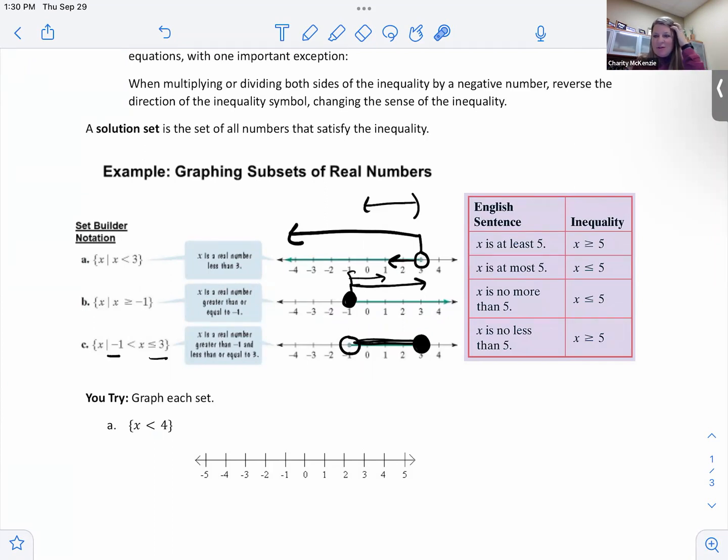If the most you can have is 2 children in China, then you could have 1 child or no children, right? It could be less than 2 or equal to 2, right? This one has 5, but that's just the rule I thought about off the top of my head. X is no more than 5. Okay, it could be less, but it's no more than 5, so it's less than. X is no less than 5, right? And then it can be greater. Okay.